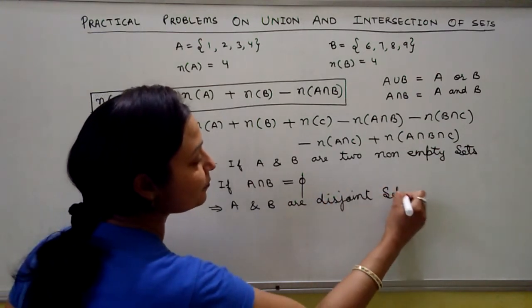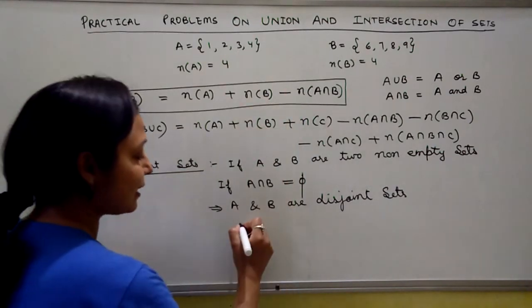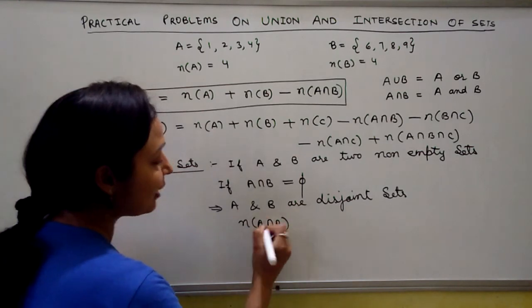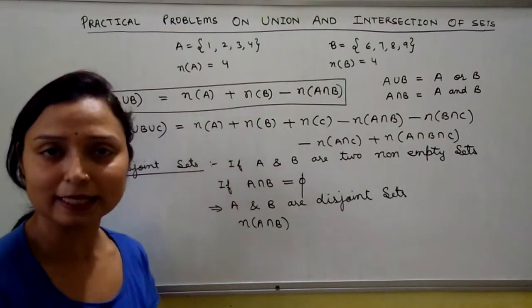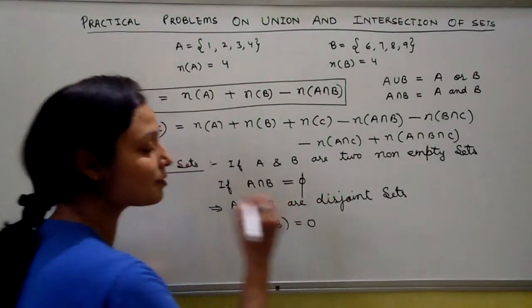Disjoint sets. Right? So in case of disjoint sets, if A intersection B is equal to phi, that means there is not a single element, that means the number of elements in A intersection B is 0.